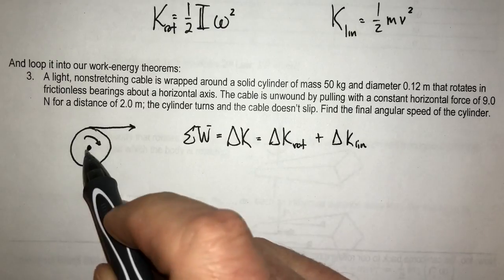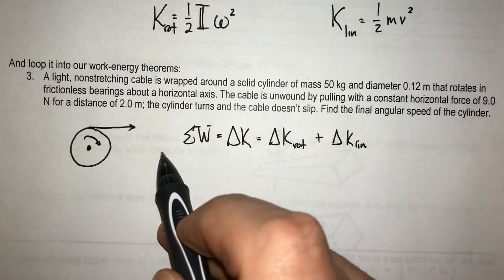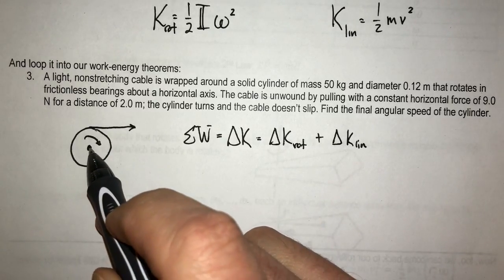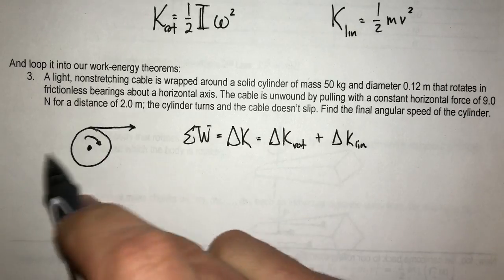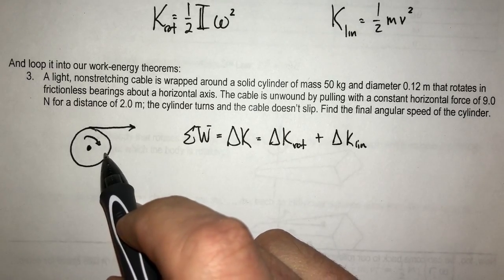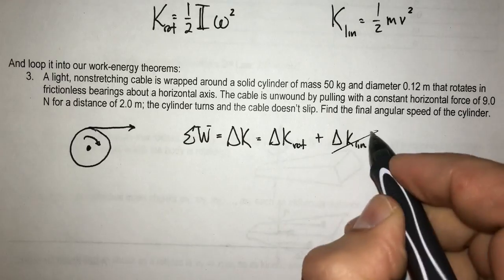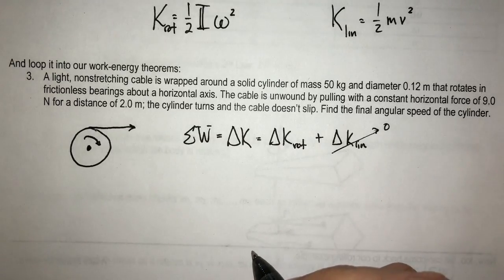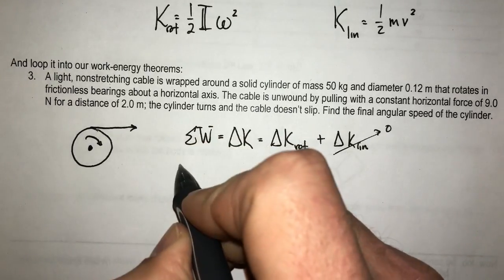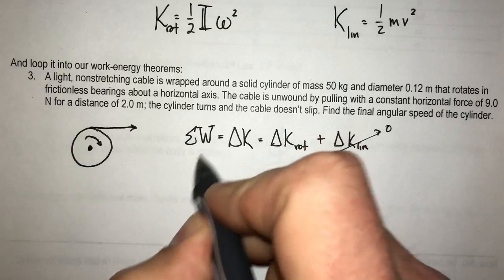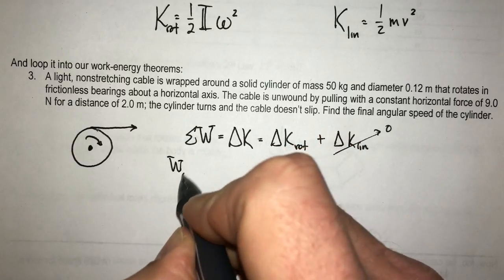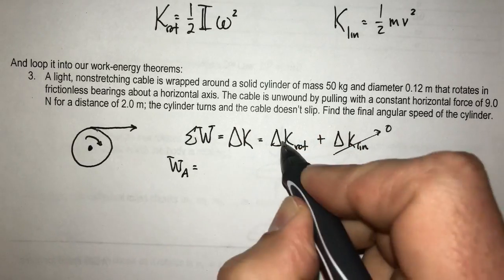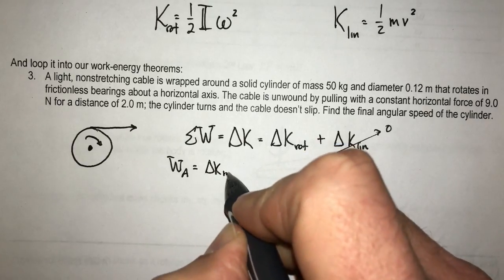But these bearings, it's not rolling along the floor, it's just turning on frictionless bearings. There's no horizontal motion at all. There's no linear motion of the center of mass of the cylinder, so that's not going to change. So the only work done is the work done by this applied force, and the only kinetic energy change is that of rotation.